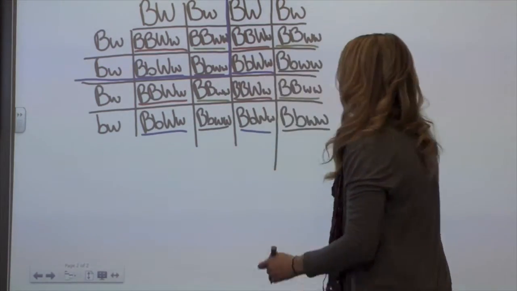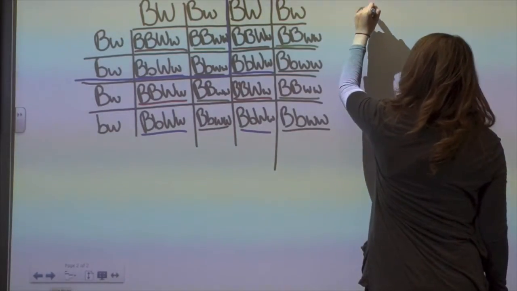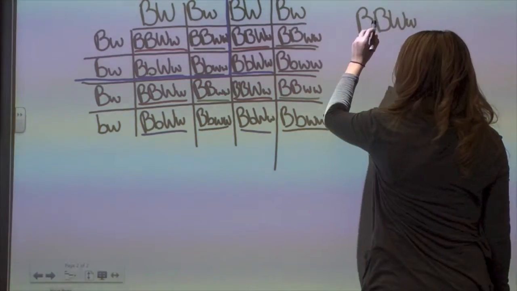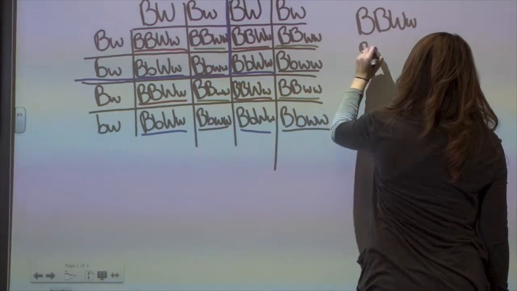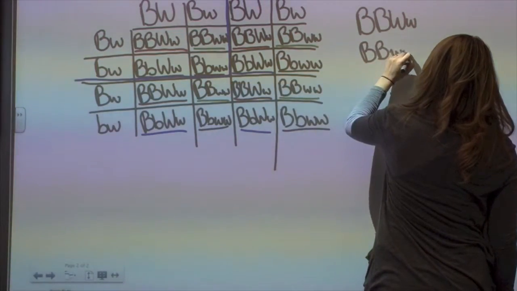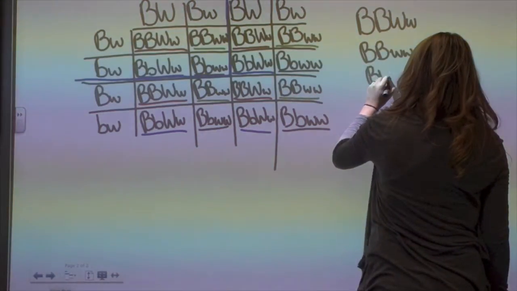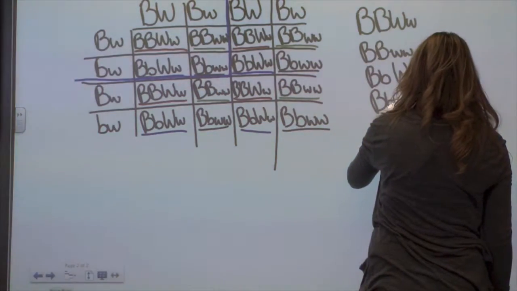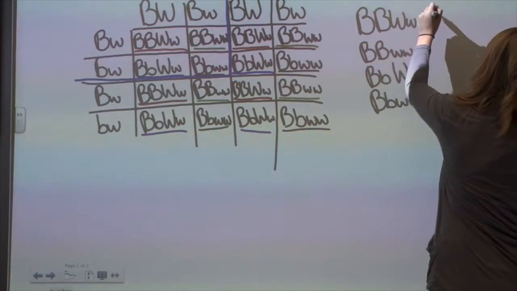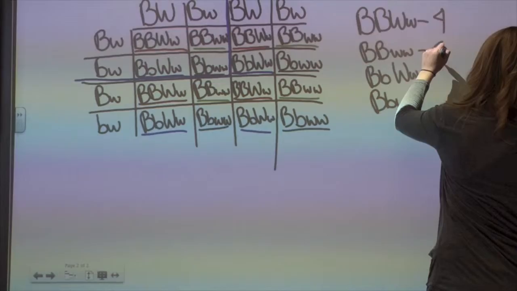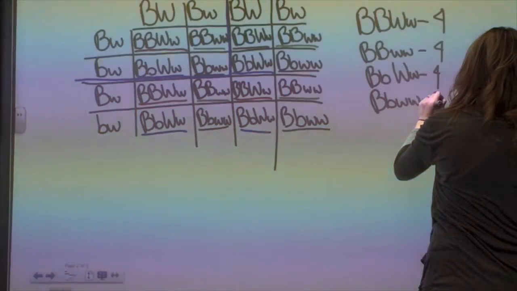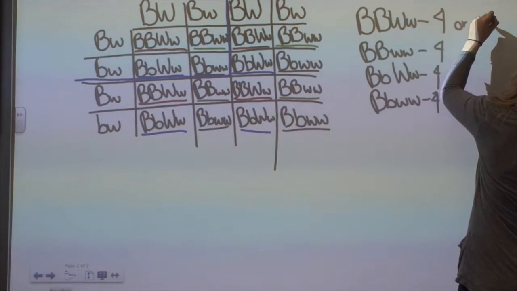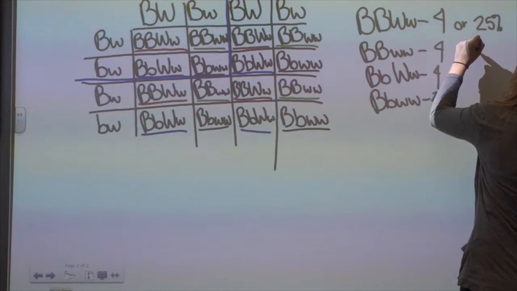So if we're doing our frequencies, for each of these there's 1 in 4, or 25%.